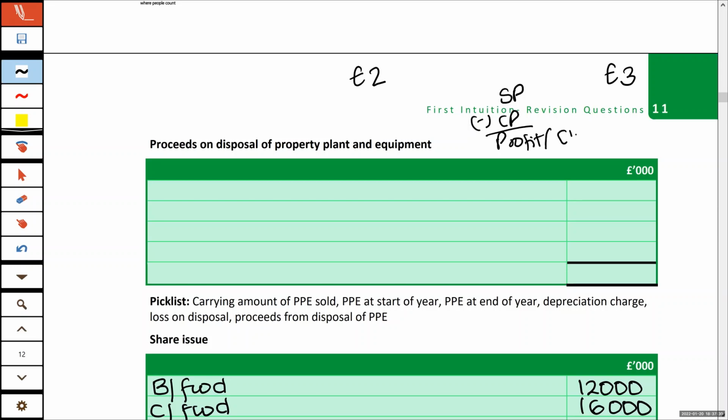That's what we learned in school. But in accounting land, our calculation for loss on disposal or profit on disposal is slightly different. Selling price is still selling price. We call that proceeds. But instead of minusing cost, what we minus is the carrying amount to give us the profit or loss on disposal.